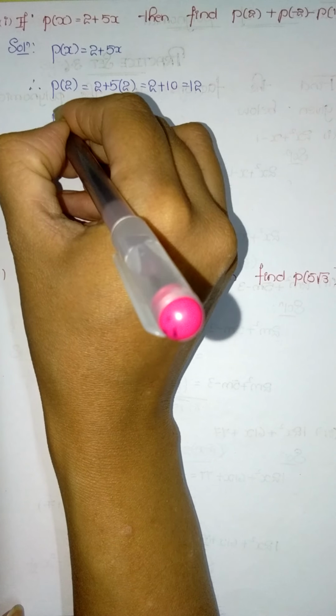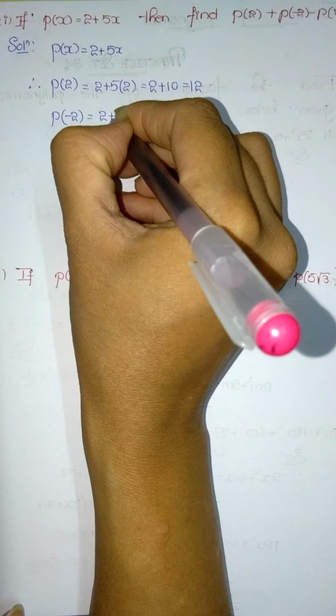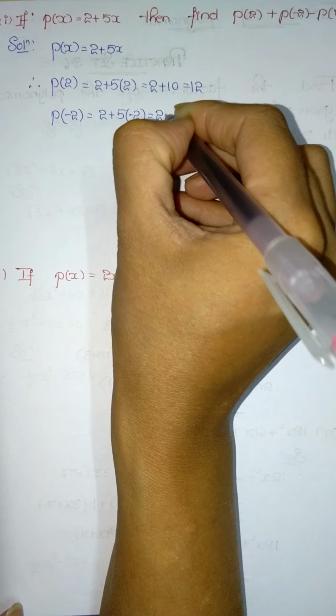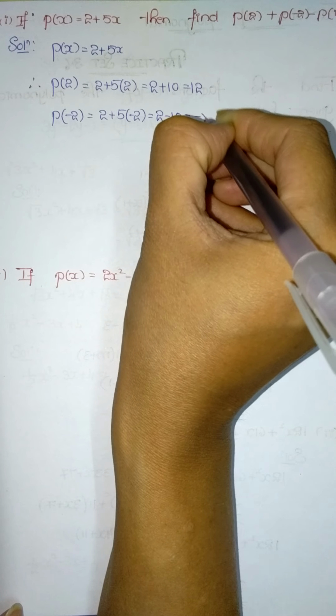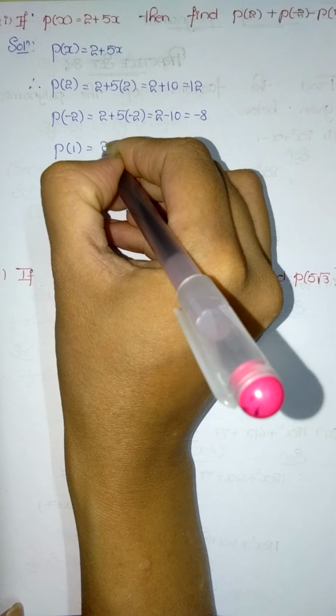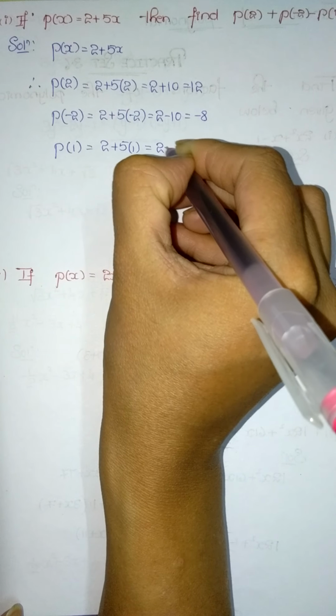Similarly p of minus 2 equal to 2 plus 5 of minus 2, which is equal to 2 minus 10 equal to minus 8. So p of 1, 2 plus 5 into 1, so it becomes 2 plus 5 and it is 7.